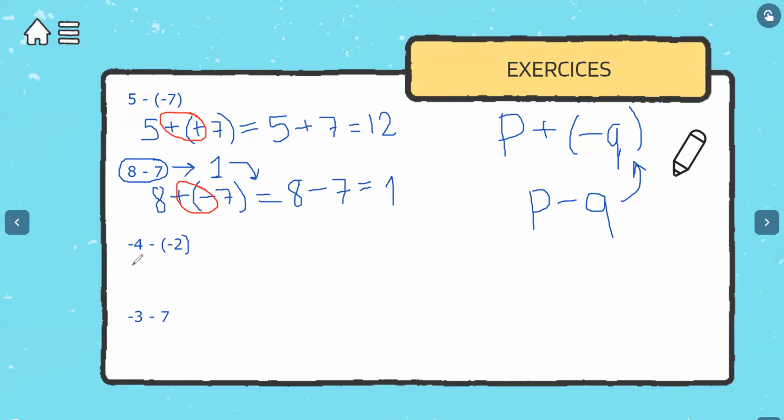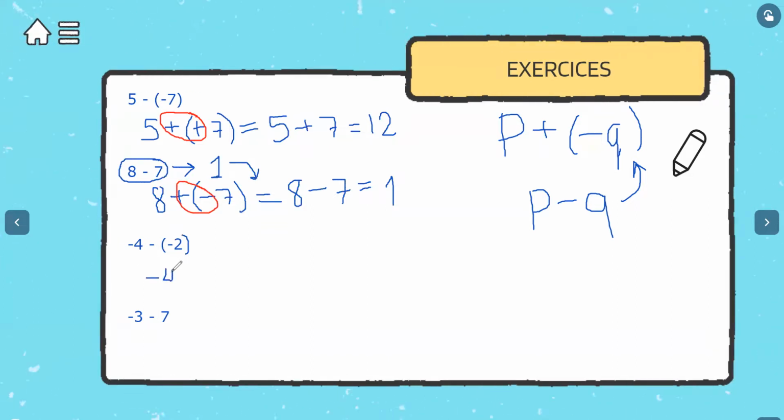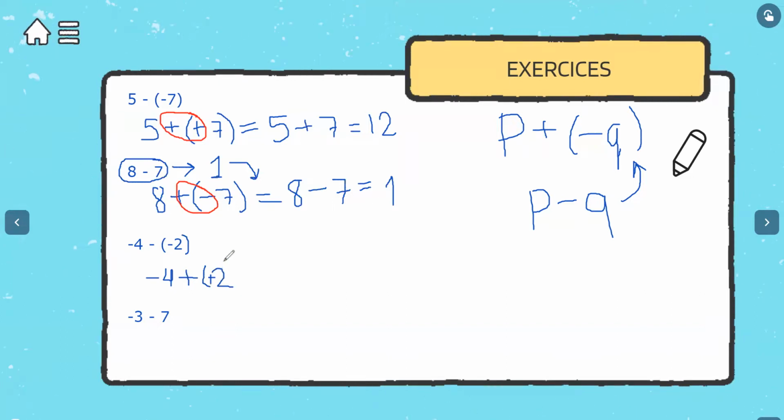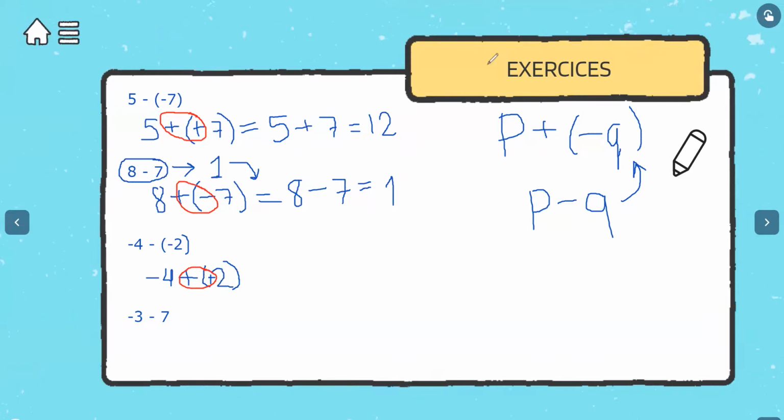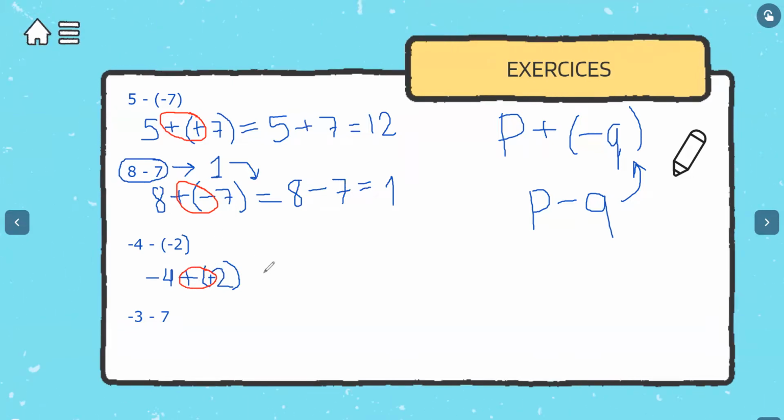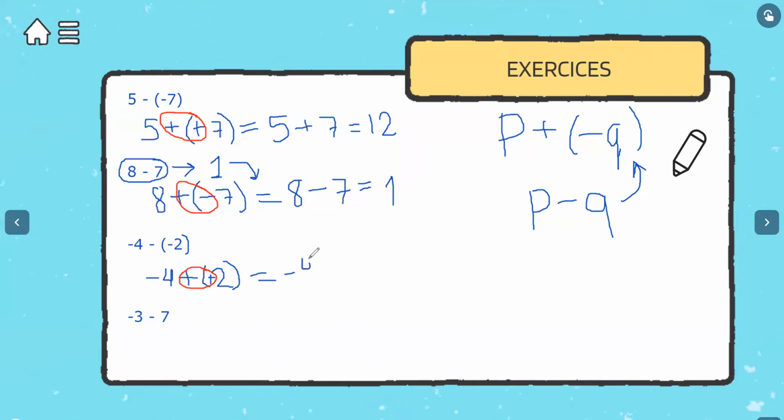Let's see this example. We have a -4. And we're going to add the opposite of a -2. In this case, the opposite is a +2. We have the two signs right here, so we need to multiply them. In this case, we have a -4.